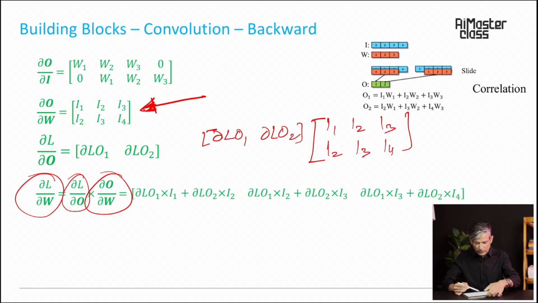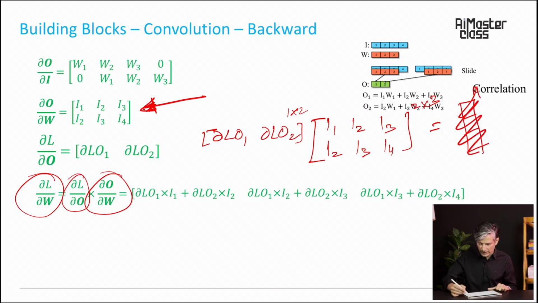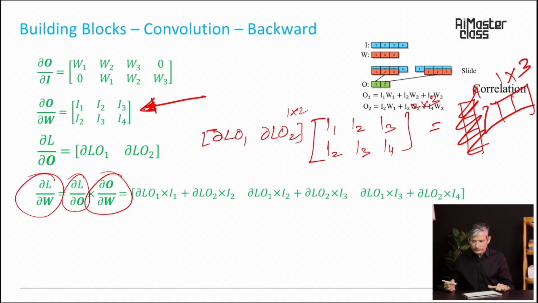This is 1 row and 2 columns, this is 2 rows and 3 columns. So finally what we get will be 1 cross 3, a row vector of size 1 cross 3. This is the gradient with respect to the weights, and with this we can update the weights because the size of weights is also 3.